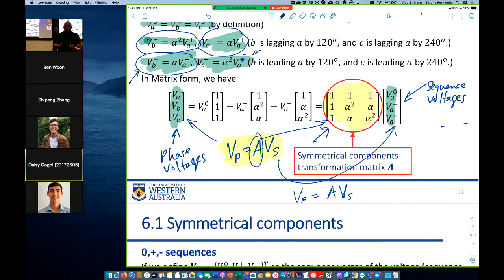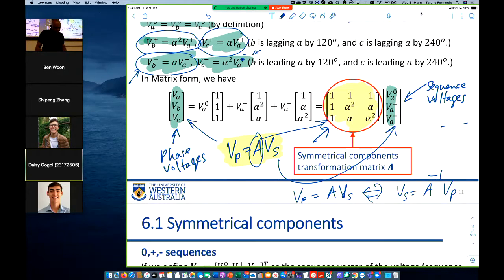So what this tells me is that if I know the sequence voltages, I can calculate the phase voltages. Or the other way around, if I have the phase voltages, I can also calculate the sequence voltages Vs by A inverse Vp. Right? So from the phase voltages, we can calculate sequence voltages. From sequence voltages, we can calculate phase voltages.